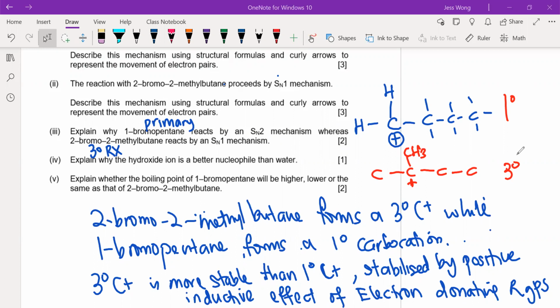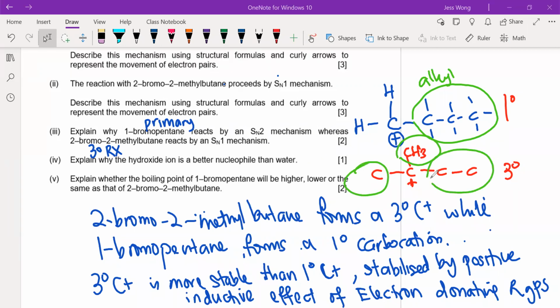You can see the difference: in a primary carbocation, there's only one alkyl group, while in the tertiary carbocation, you have 3 alkyl groups, right? These alkyl groups are electron donating groups, so they can donate electrons via the inductive effect to the carbocation in the center. Therefore, it helps to reduce the positive charge on the carbocation and stabilize it.